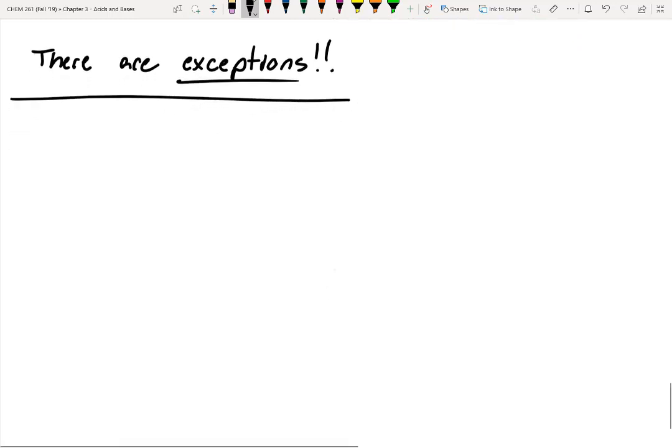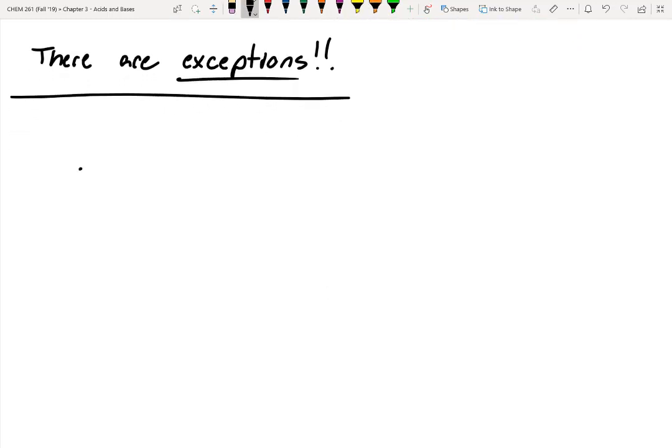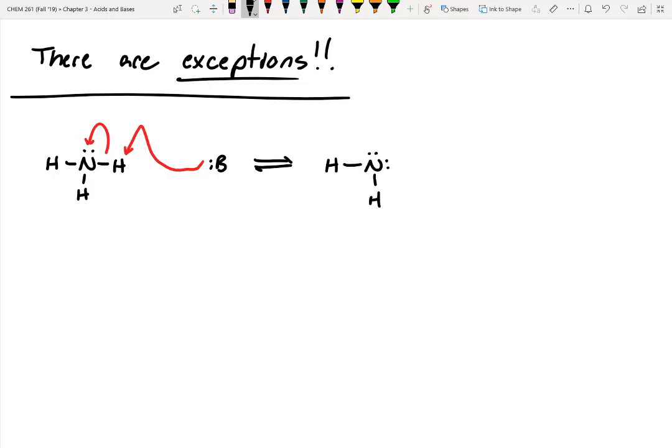All right, so the most common exception that you'll run into is this one, where we have ammonia. Ammonia has hydrogens, so we could think maybe this could give its hydrogen, or proton, I should say. And if we do that, what charge would this nitrogen have?